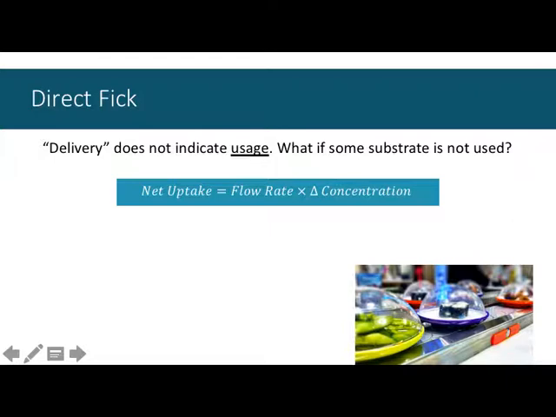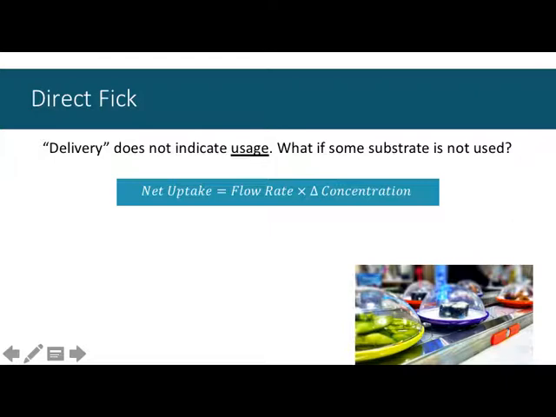Maybe you're getting full, you can only eat 2 of the 3 sushi plates that you see. Some sushi is still delivered, but not all of it. So how do you figure out what the uptake was, or the delivery to the tissue of interest?